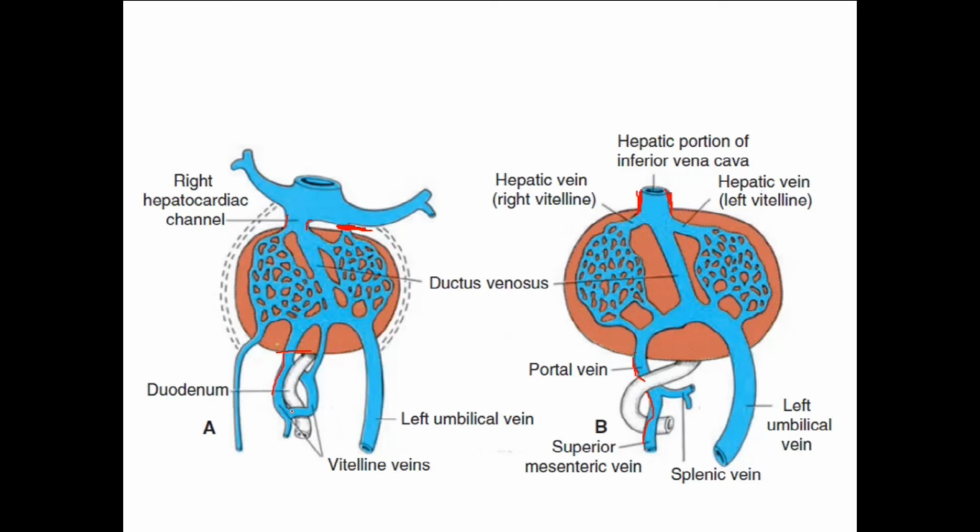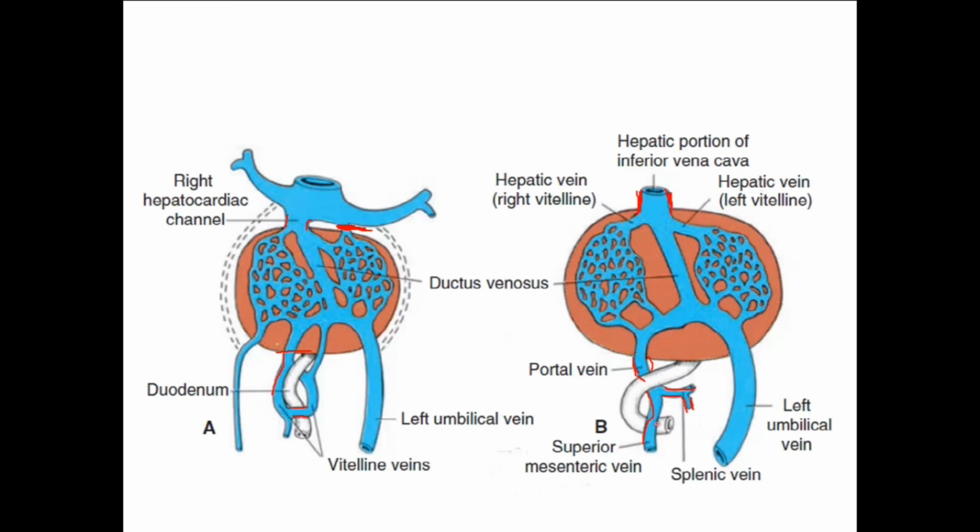And the anastomosis, especially the anterior anastomosis between the right and the left, will give rise to the splenic vein and the inferior mesenteric vein, which are not labeled over here because they join up. The inferior mesenteric, the splenic and the superior mesenteric, they all collectively form the portal vein.